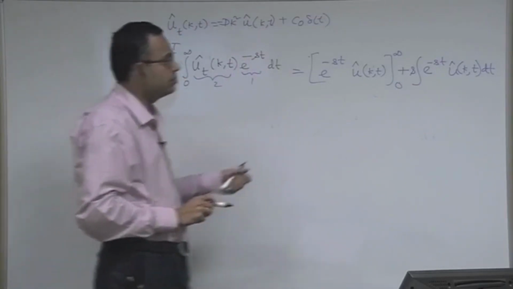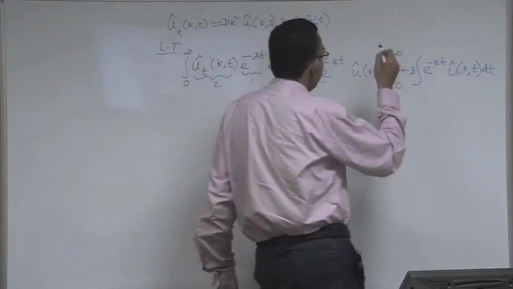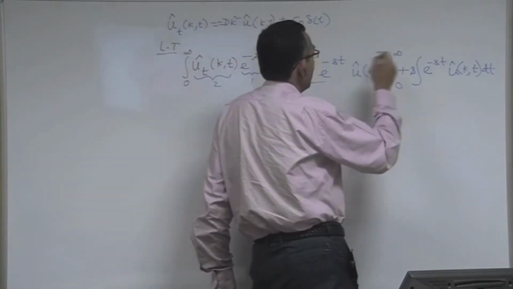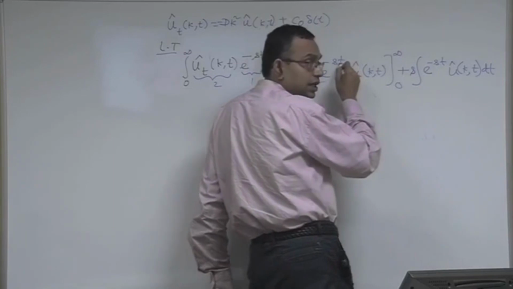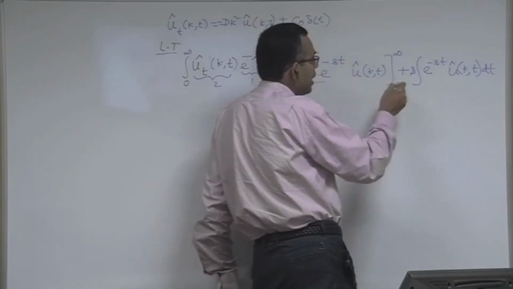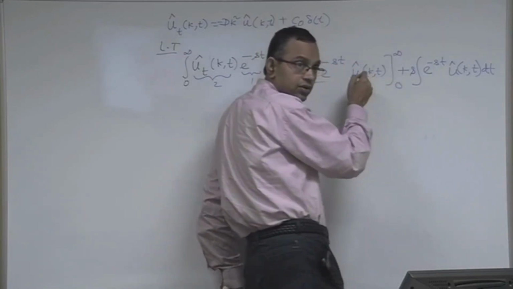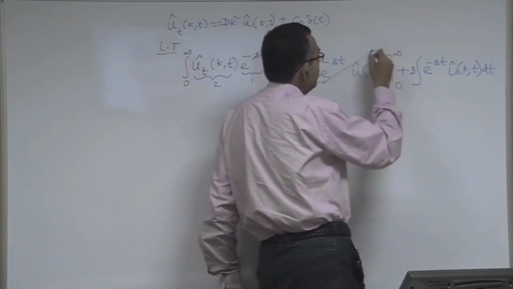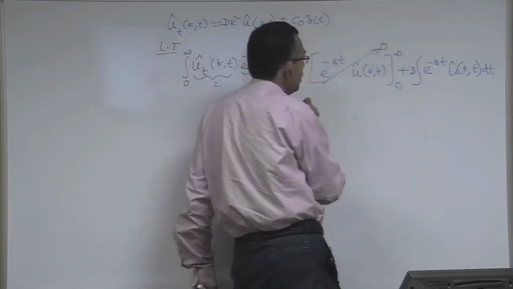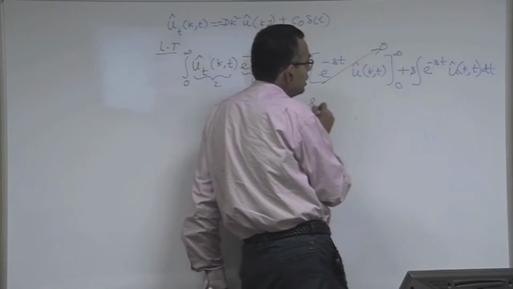So this term will be 0 because at time tending to infinity this will tend to 0 and at time equal to 0 u hat equal to 0. So this term will go away and you will get this as s.